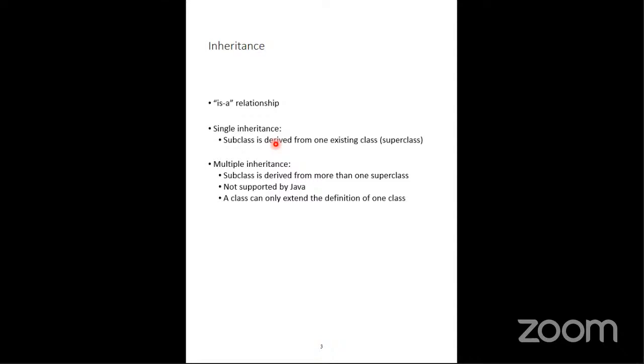Question is whether you are creating subclass only from a single superclass, or you are creating subclass such a way that it is extending capabilities of more than one superclass. Okay, other forms like single level, multi-level, hierarchical, or hybrid inheritance, they all are created from these two, single inheritance and multiple inheritance only. Okay, so basically we'll be talking about single inheritance and multiple inheritance.